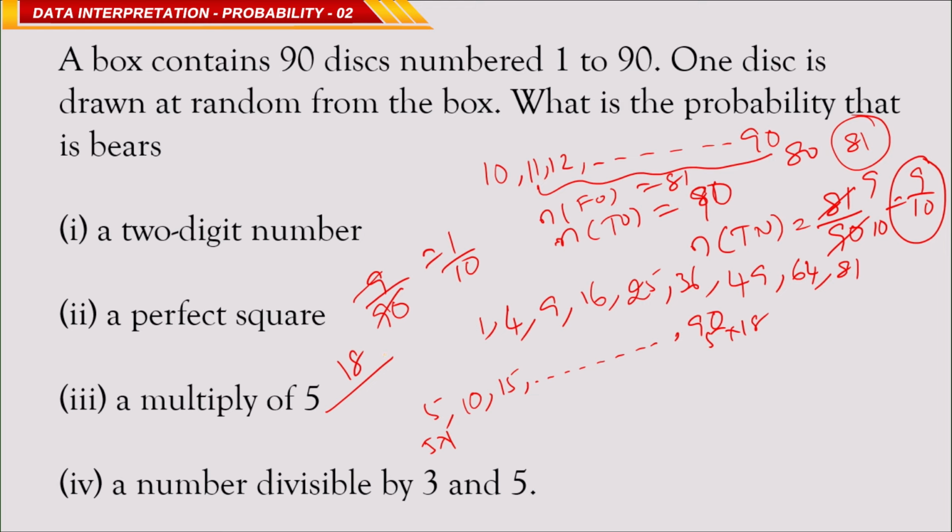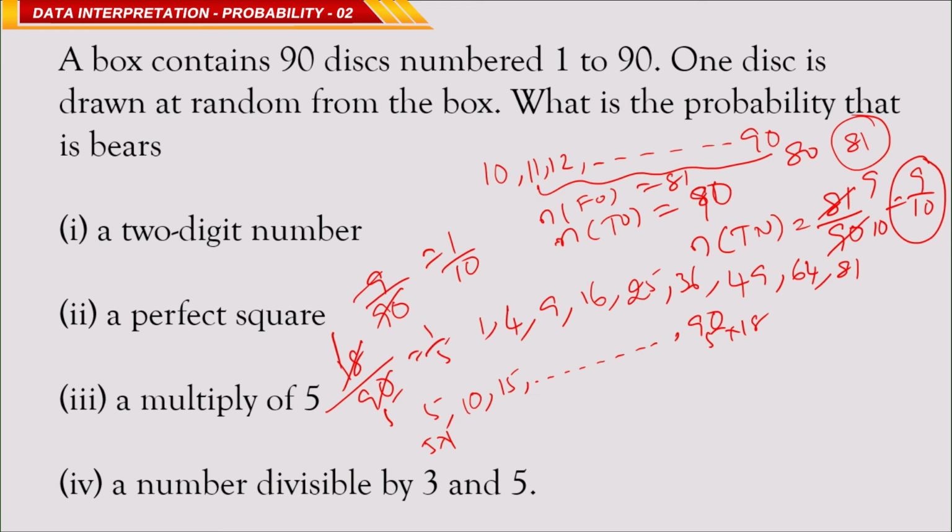So, the number of favorable outcomes is 18, the total outcomes is 90. So, 18 1s, 18 5s, the answer is 1 by 5. So, as a multiple of 5, the probability of getting a number when selected randomly from a box containing 90 discs labeled from 1 to 90 is simply 1 by 5.